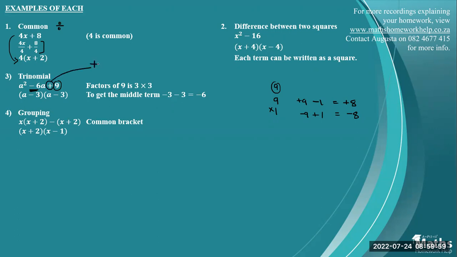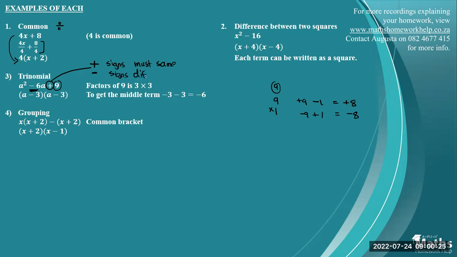Please remember the other little guideline here. If there's a plus at the end, the signs of the 2 brackets must be the same. Signs must be the same. It can either be a plus and a plus or a minus and a minus. In our example, it has to be a minus and a minus, so that that's a negative 6. If there is a minus at the end, the signs will differ.